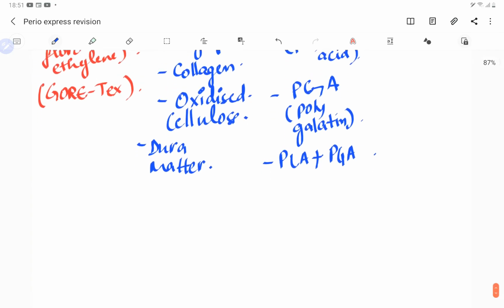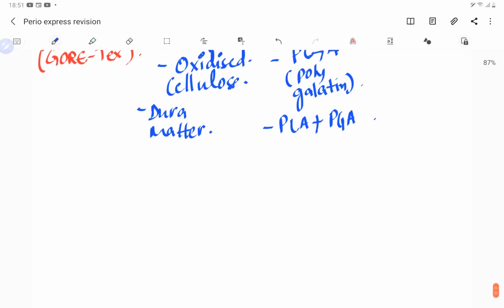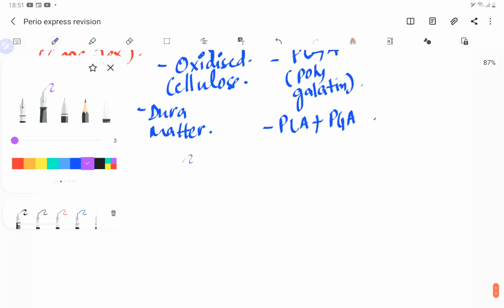Now guys, what happens? Sometimes say suppose the root surface is contaminated. So there are bacteria, any product is present, diseased cementum, faulty cementum is present. Now what happens when this new attachment procedure you are trying to do is, because of the contamination, because the proper formation is not there, you are not getting the proper result. So in that case you do the biomodification of the root surface.